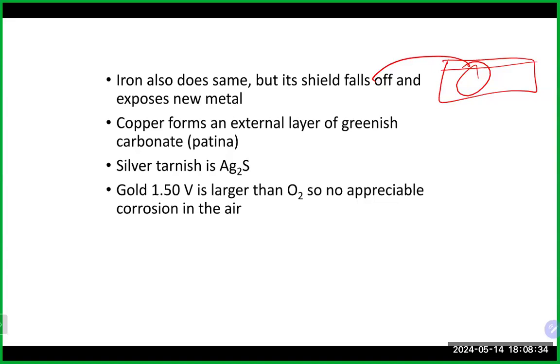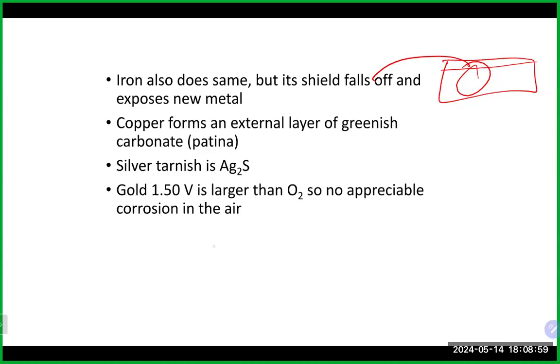Copper, as we may know, forms that greenish patina color, which can make things more expensive, right? Silver will tarnish, making some silver sulfide. Gold, with 1.5 volts for its SRP value, is larger and more positive than oxygen, so gold does not go through oxidation.